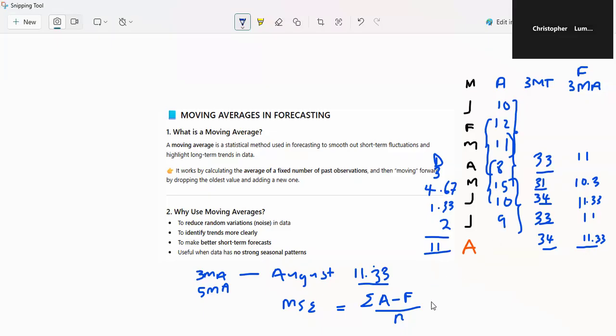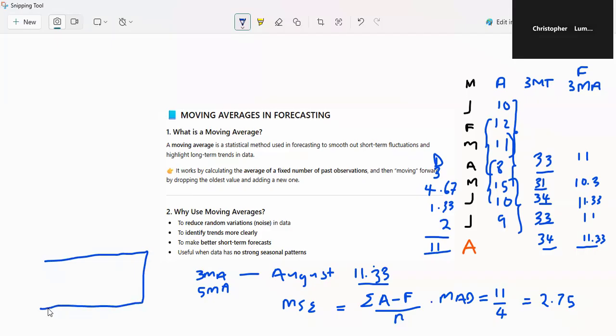So meaning the mean square error or the mean absolute deviation is 11 over 4 because there are 4 entries there. So we get 2.75. So you do this with the 5 moving average as well.